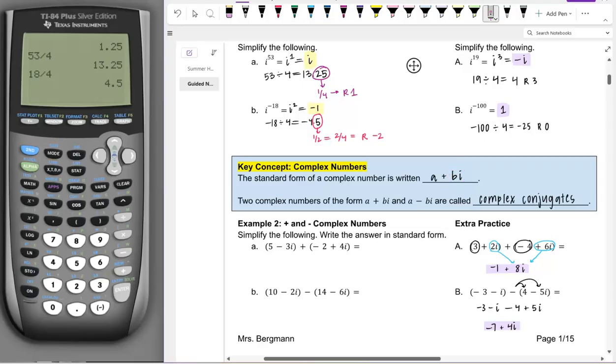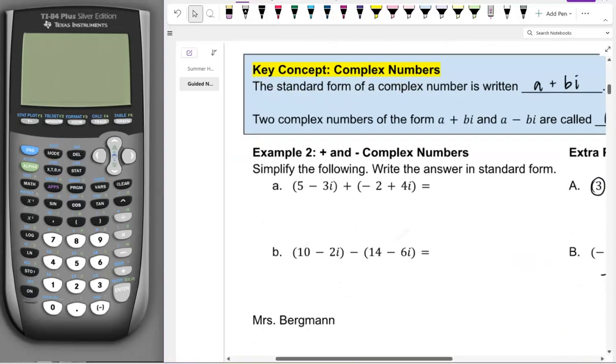If two complex numbers have the same constant and the same imaginary number, but different signs in the middle, those are called complex conjugates. An example would be 4 plus 5i and 4 minus 5i. Those are complex conjugates. Those will be useful in a little bit.